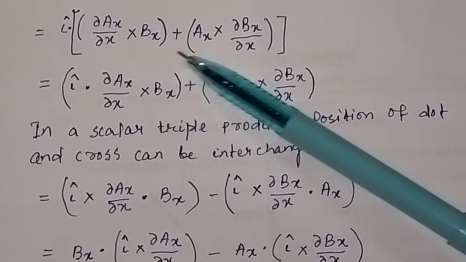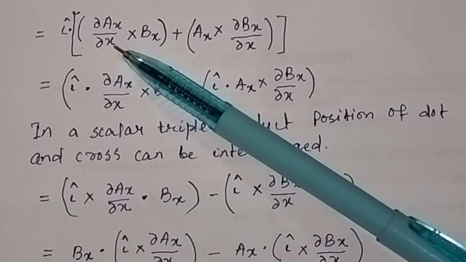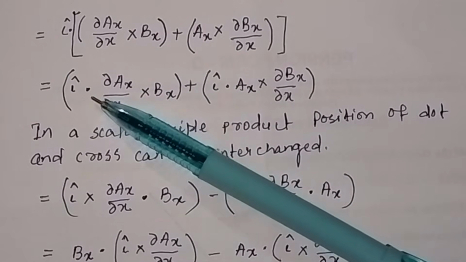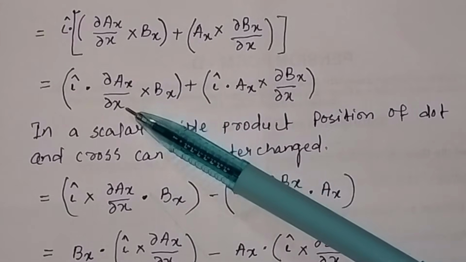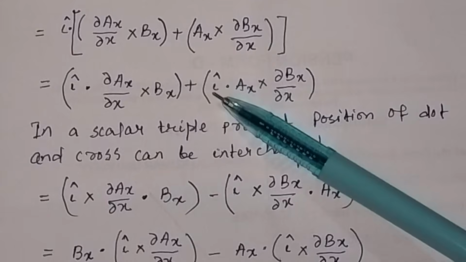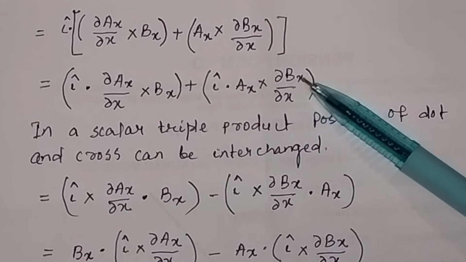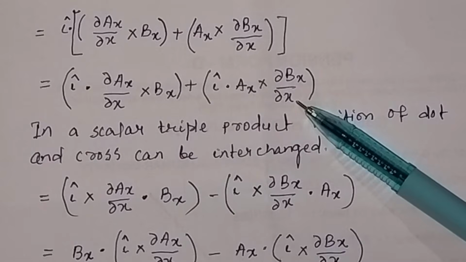So these are the two terms for the x component. This will be equal to i cap dot partial derivative of Ax with respect to x cross Bx plus i cap dot Ax cross partial derivative of Bx with respect to x.